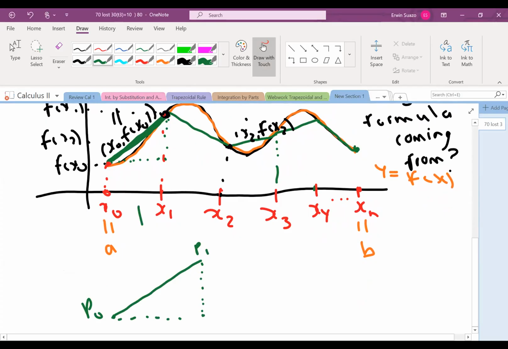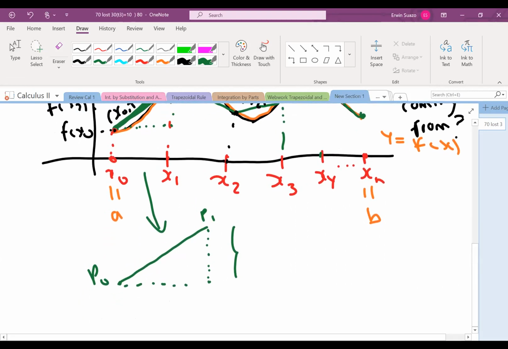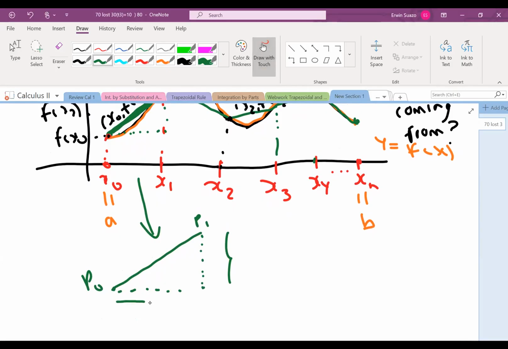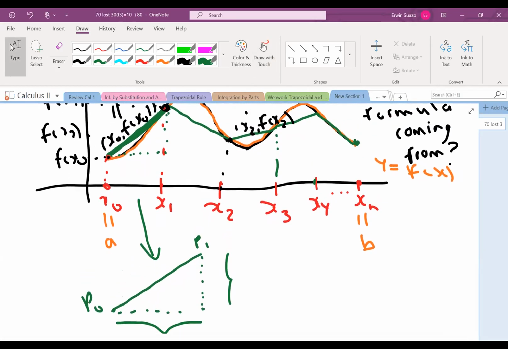So this guy is this guy. So question, how much is this? How much is this? f of x1 minus f of x0. Say again, please. f of x1 minus f of x0.